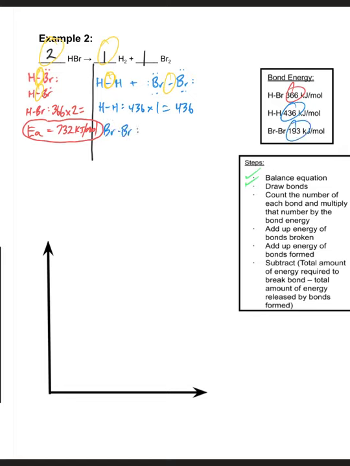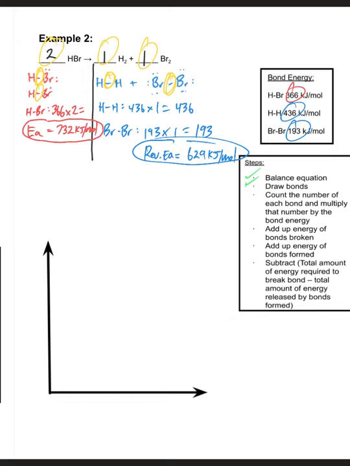The amount of energy involved in that is 193, multiplied by how many there are. Once again, there's one there, only one in the balanced chemical equation. So I'm just going to multiply that by 1, get 193. Now I add those two together, and I am going to come up with 629 kilojoules per mole. And that is the total amount of energy released in this particular reaction, or in other words, the reverse activation energy.